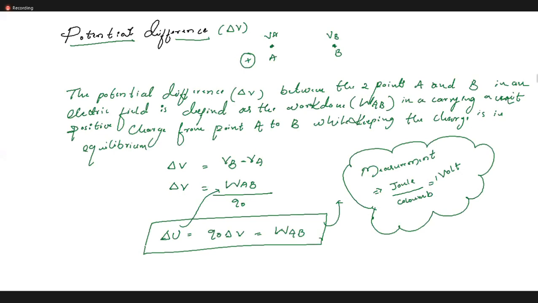What is the question number in this chapter? Fourth question.